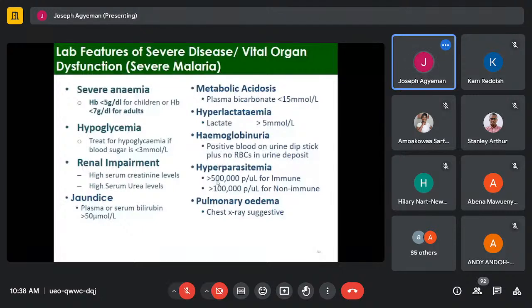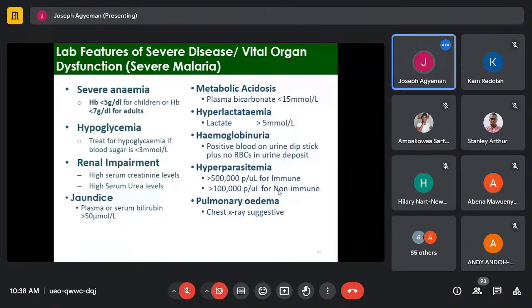For those who don't have this partial immunity because they are from areas where malaria is not available, once they come here, they get some small bite and the parasite load hits just above 100,000 parasites per microliter. Since they don't have the partial immunity, they are vulnerable. They easily develop this severe type of malaria.